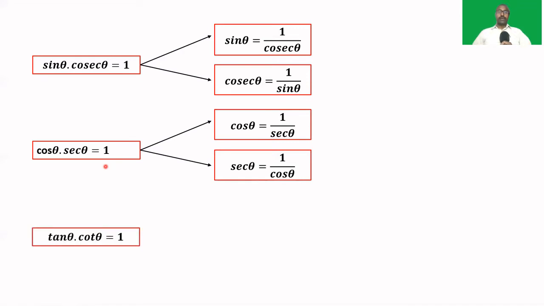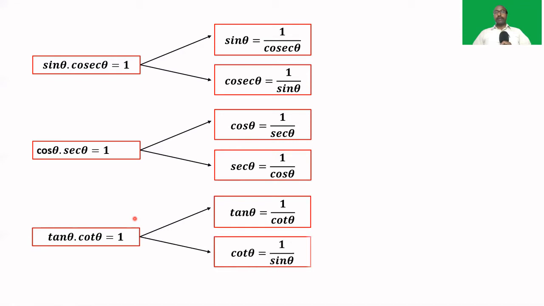Also tan theta into cot theta is equal to 1. And from this we can write tan theta is equal to 1 by cot theta, and cot theta is equal to 1 by tan theta.